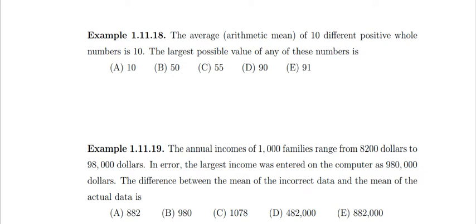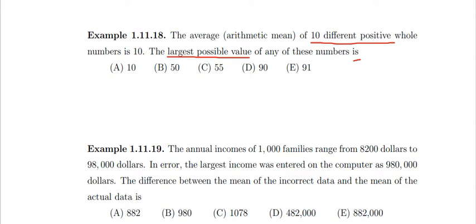The average of 10 different positive whole numbers is 10. The largest possible value of any of these numbers is what? So here also 10 different positive numbers, average 10.